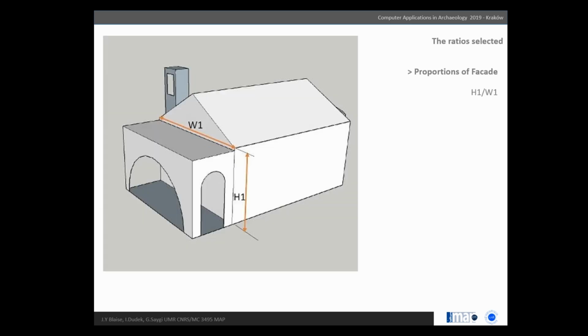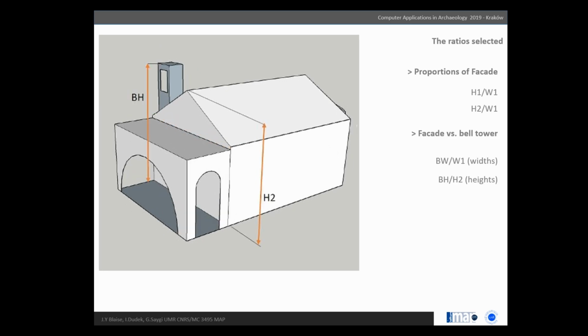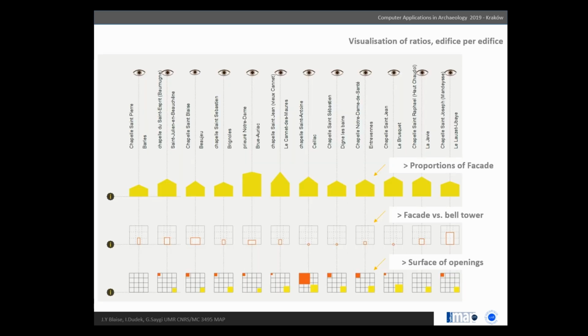Let's have a look at what ratios we have selected for this attempt. Proportions of facet, this one, facet versus bell tower in width and in height, surfaces of openings versus a facet. So very briefly, I will tell you how it works.